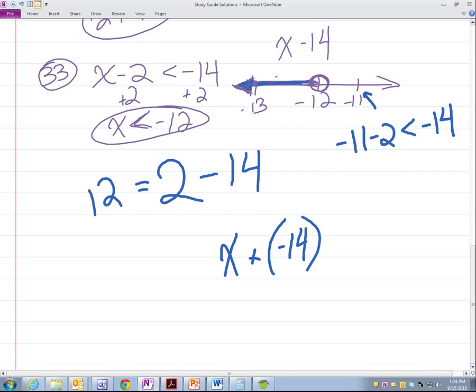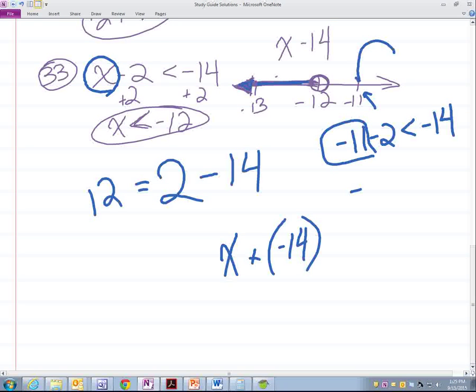All I did was substitute that in. X can be anything, for instance negative 11. So right now I'm testing this point right here. See how it's not in the line that we just drew? So it shouldn't be true because it's not in there. So I have negative 11 minus 3, which is negative 13.